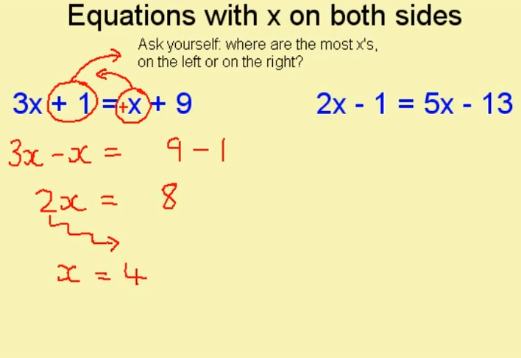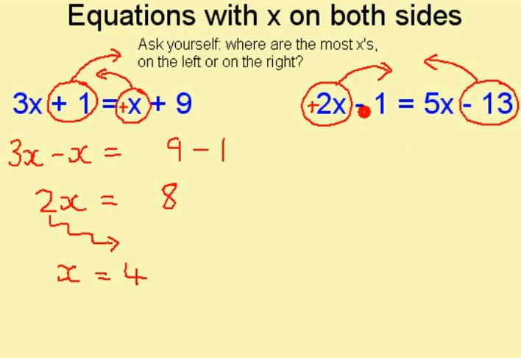Now if we look at this question, the most x's are on the right. So the x's need to float and ping to the right, and the numbers need to float and ping to the left. So that's a plus 2x, and that needs to float and ping to the right. And that's a minus 13, and that needs to float and ping to the left.